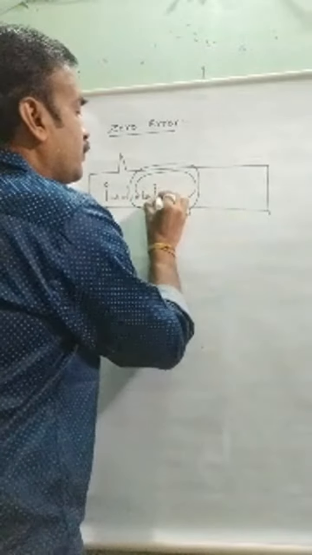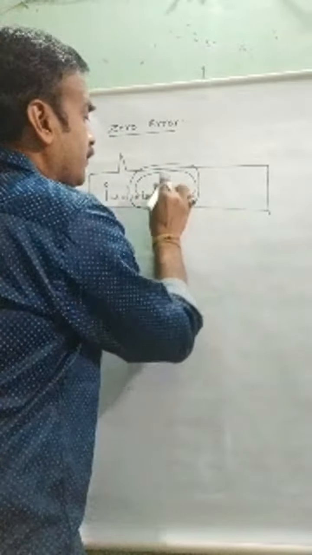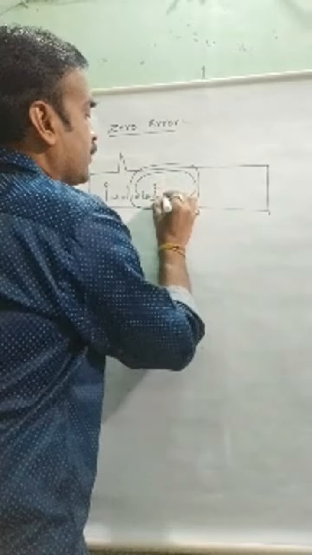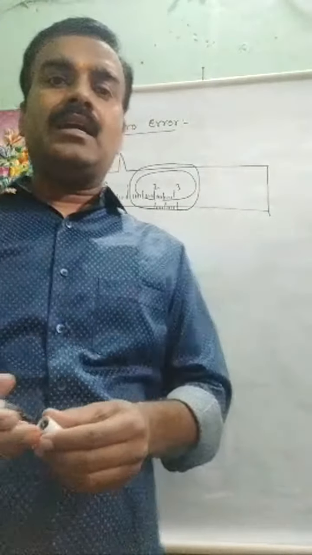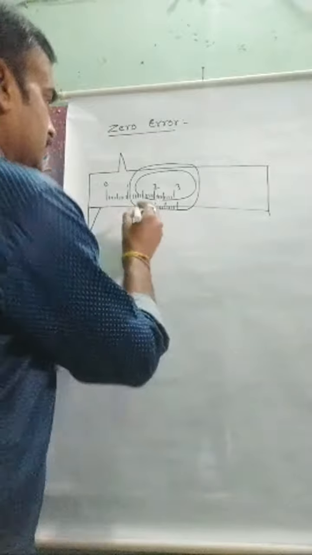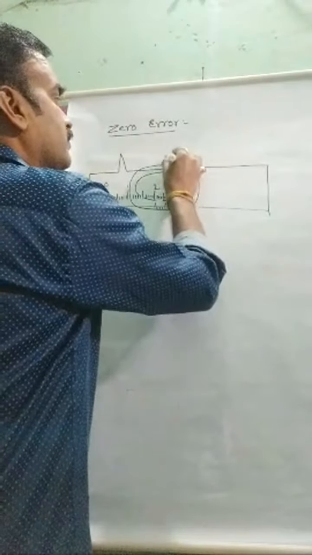Then here some more divisions. That means this is the construction of the scale.